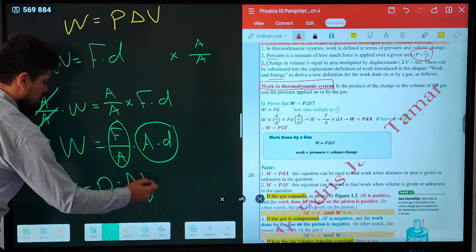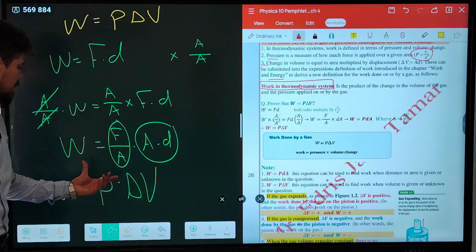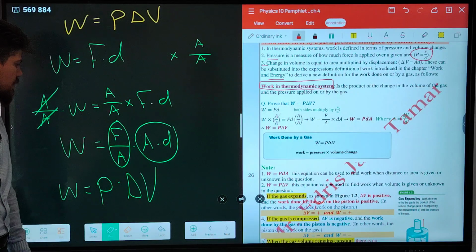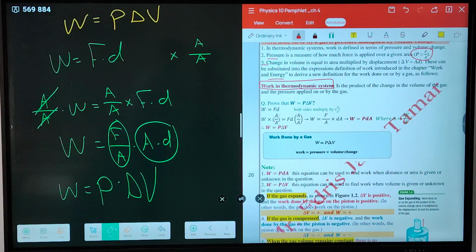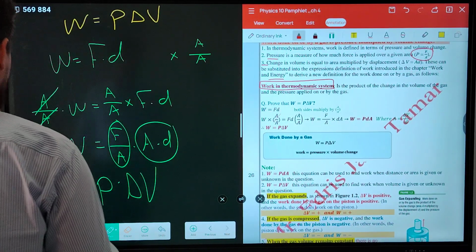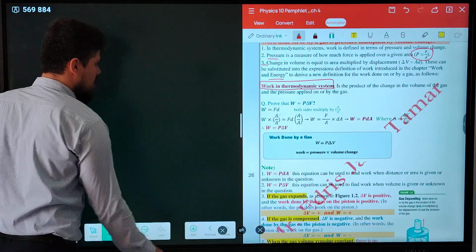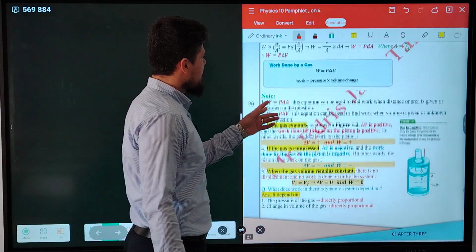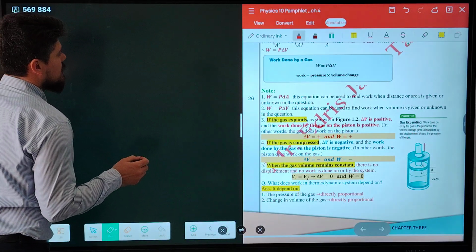In this way we can prove the equation of work in thermodynamic system. Work done by gas or on gas is equal to P delta V.